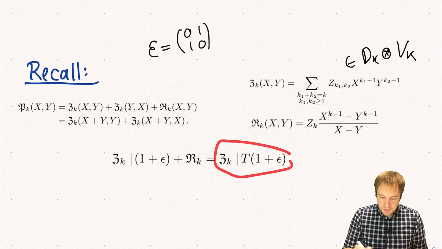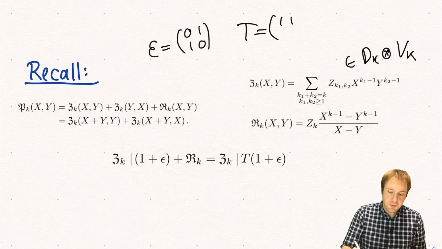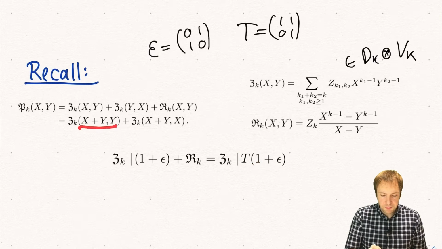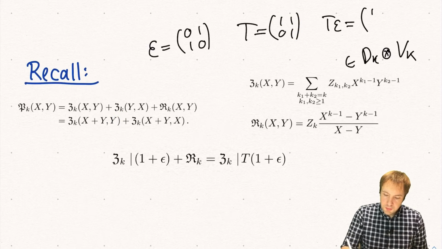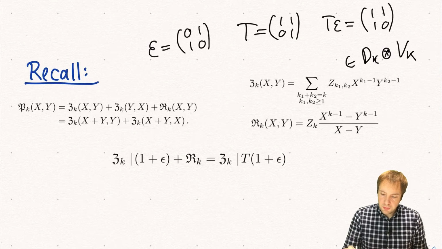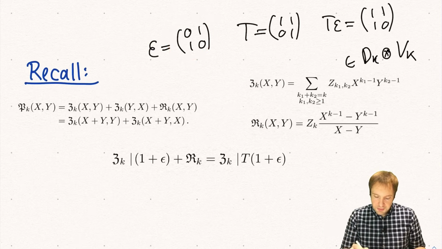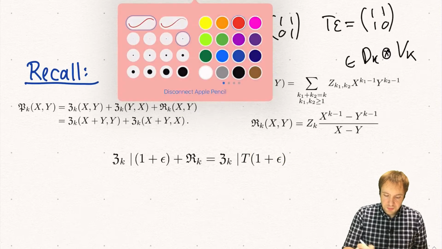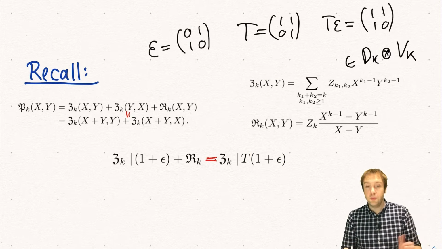And here, this corresponds to this, because the matrix T was given by this matrix. So if I let T act on something, then I get exactly x plus y, comma y. And T epsilon is just this matrix. So it just changes the columns, multiplying with epsilon from the right, and therefore this action here is exactly this. So this equality here is exactly this by using this group action.